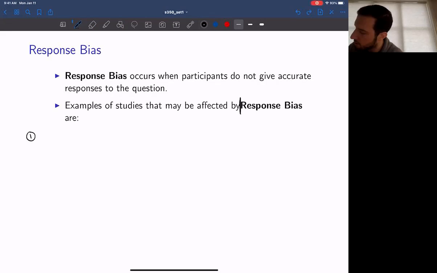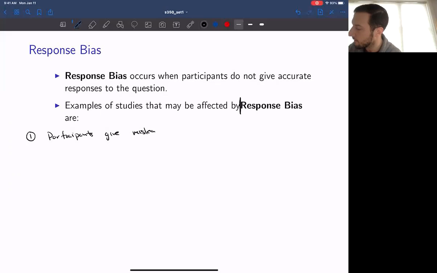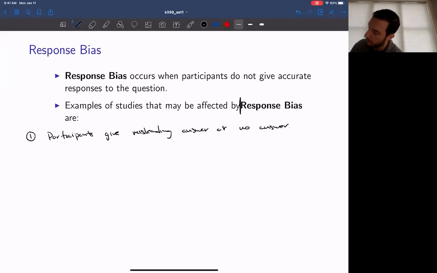So one of the reasons that we can observe this type of bias is participants give misleading answers or no answer. Okay, so that would be the first one.